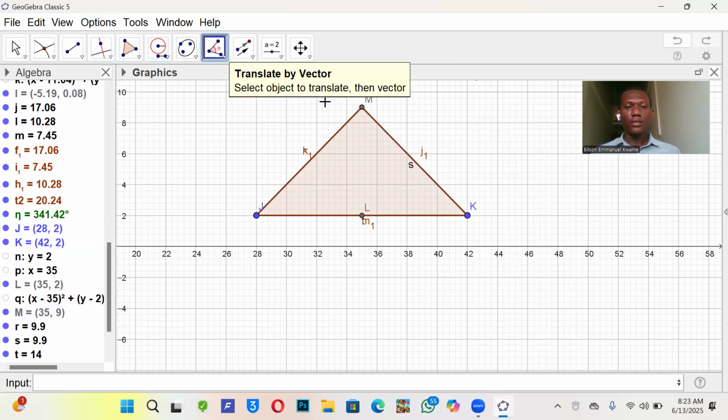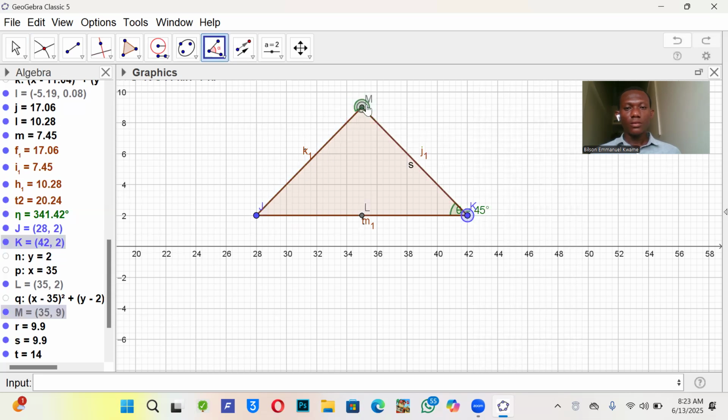Then let's measure them in serial angles. I want to check something. No, this will measure the external. So always remember it is clockwise, just like the way the clock moves. Okay, you can see that.